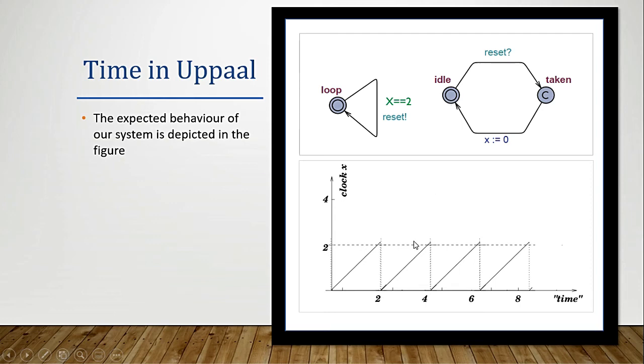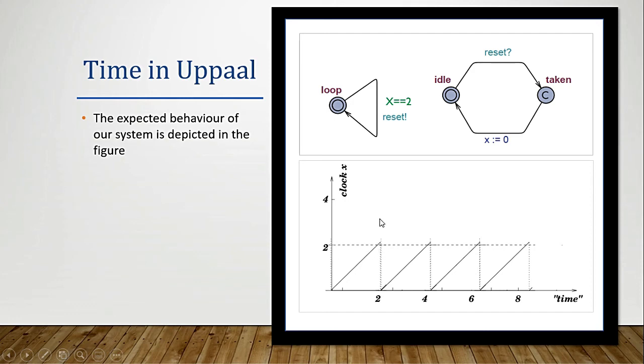If we want to present the value of x on this curve, actually we can say the time starts, for example, from 0 until 2.